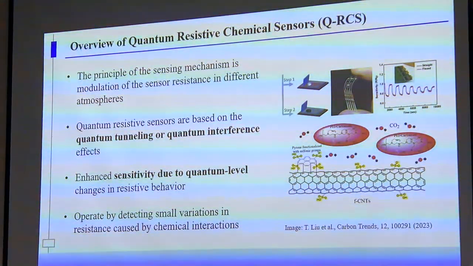If you don't have quantum tunneling or quantum interface, your sensor may not be very highly sensitive. It may be selective, but it may not be highly sensitive. So to introduce high sensitivity, you must have quantum tunneling or quantum interface.